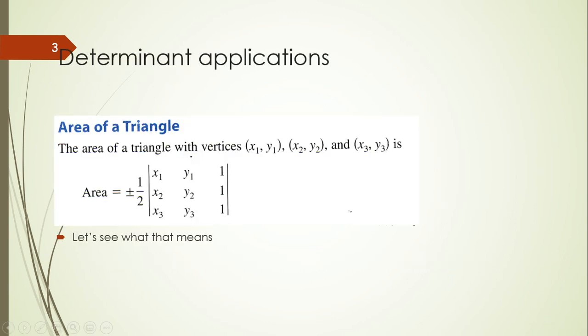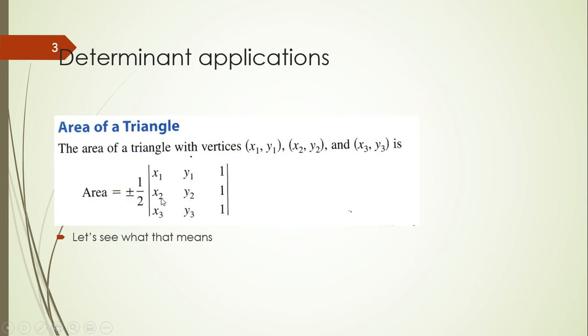So, determinant application, area of a triangle. The area of a triangle with these three vertices, x1, y1, x2, y2, x3, y3, so these are three different points, is determined by plus or minus. Now, the reason we have the plus or minus is that area is always going to be positive.